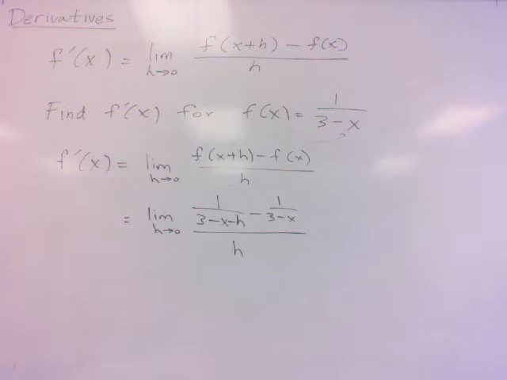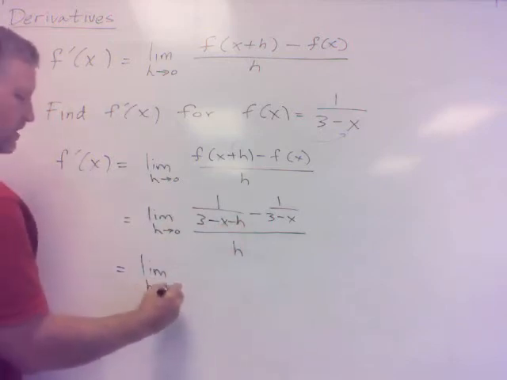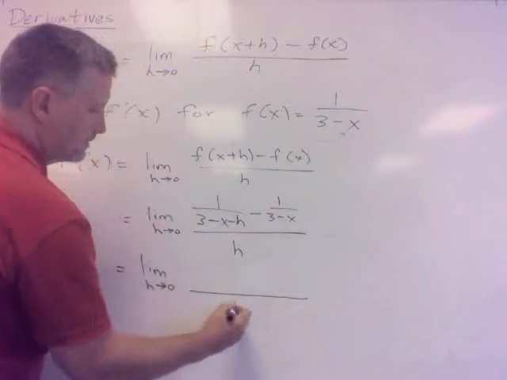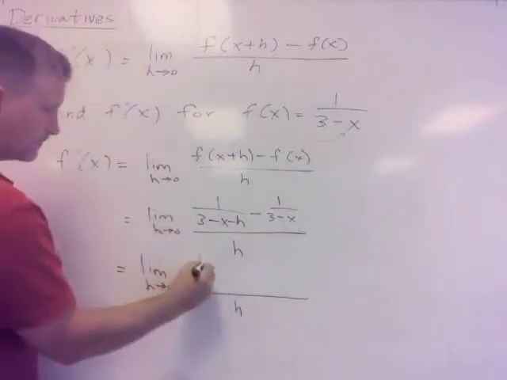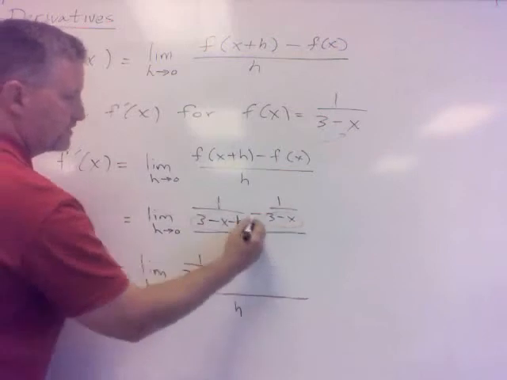How do I do it? Well, it's a complex fraction, and the complex fractions, we did what? Well, we got a common denominator on top, right? So the limit as h approaches 0, this is all over h, so the first one, I need to make these two denominators kind of come together, right?